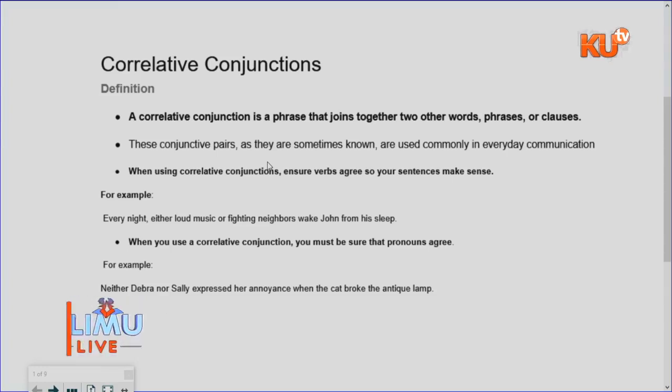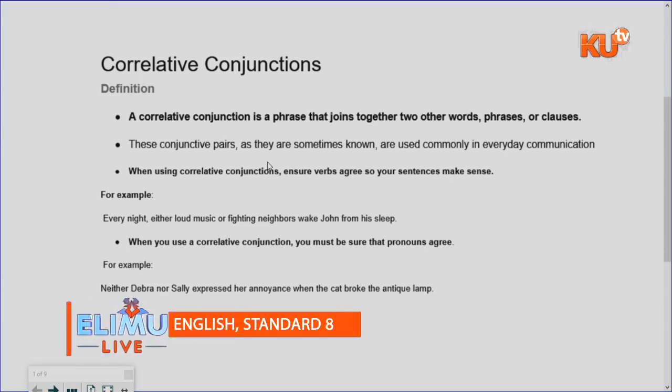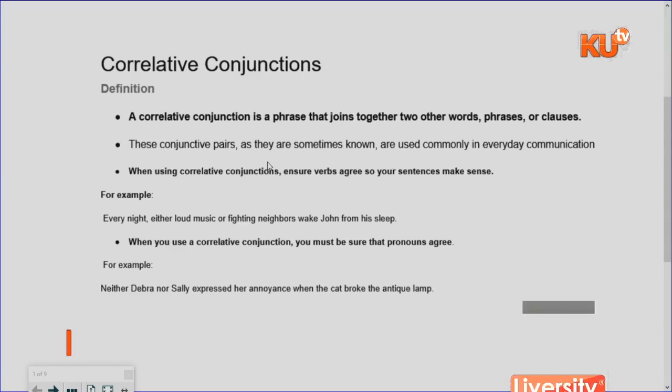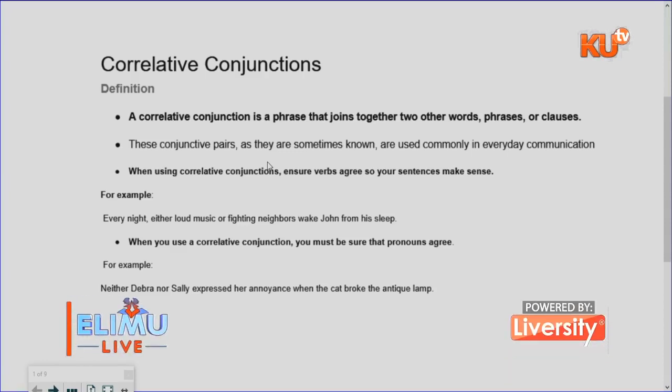A conjunction is a phrase that joins together two words, phrases, or clauses. So what are coordinating conjunctions?